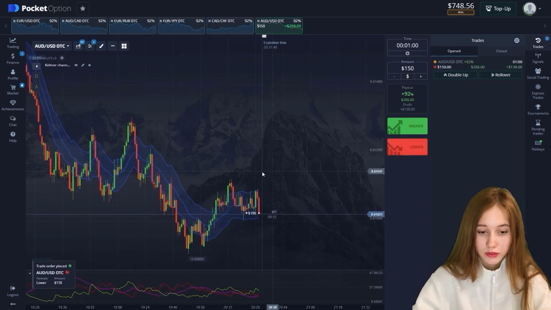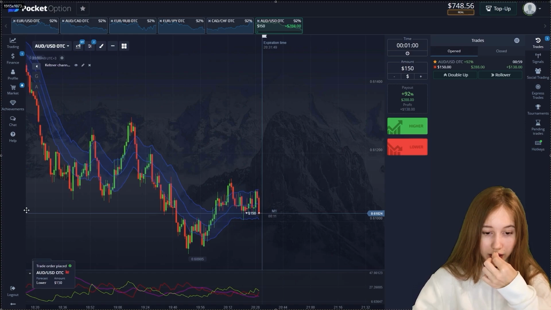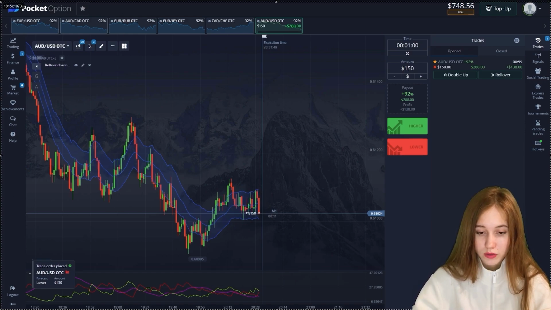Let's open down and we start our technical analysis. Yeah, we see drawdown on our chart. 2 candles. By Keltner, we see drawdown situation.